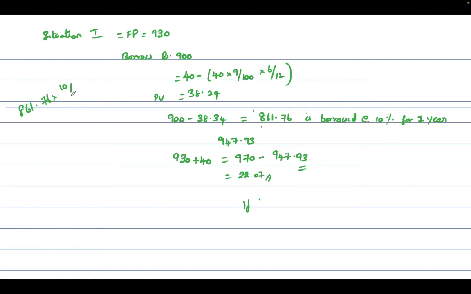861.76 into 10 percentage. Yeah, you will get 86 point something. So here we are using the formula exponent e, so there will be some slight changes in the decimal.